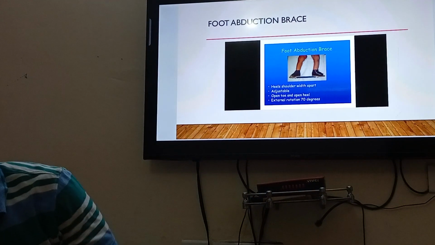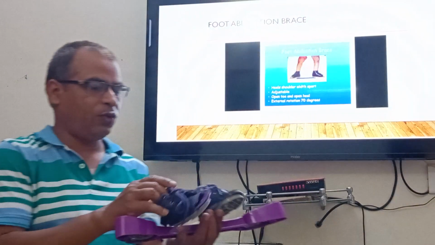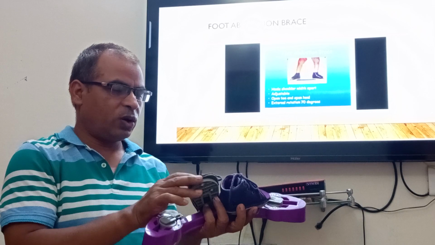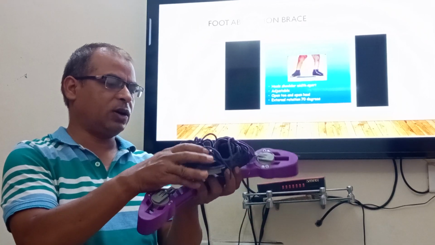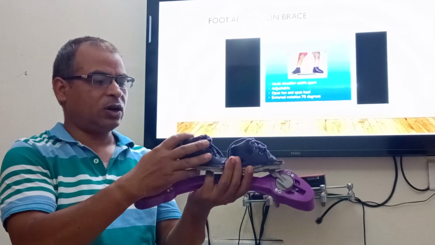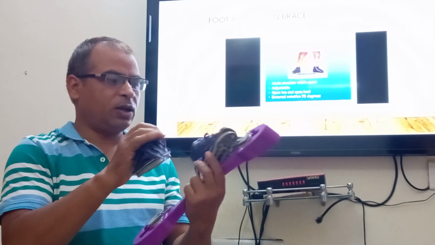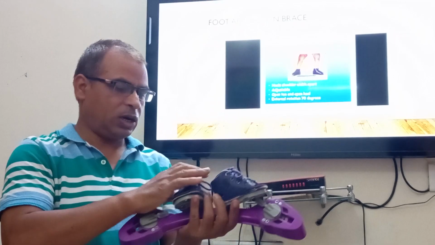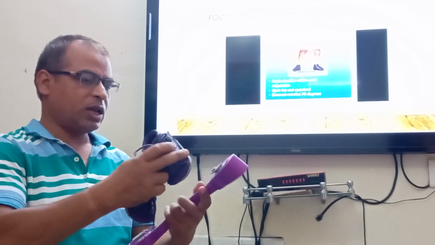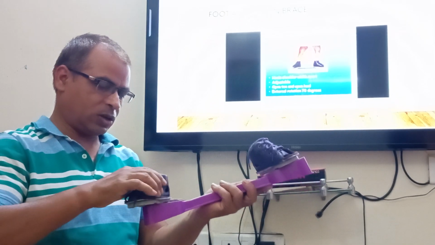You can see this is the abduction bar, and this is the shoe with open toe. Heel should also be open, a heel cut should be present, but there is not, so that we can see that the heel goes inside and the heel of the shoe is properly fitted, and this is attached just like this and this.